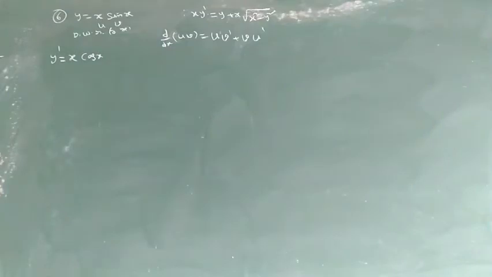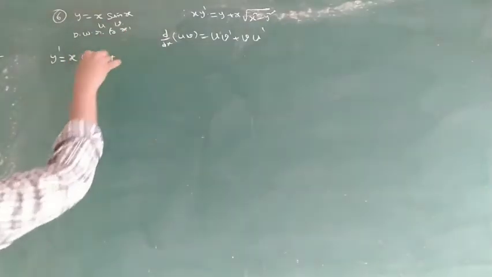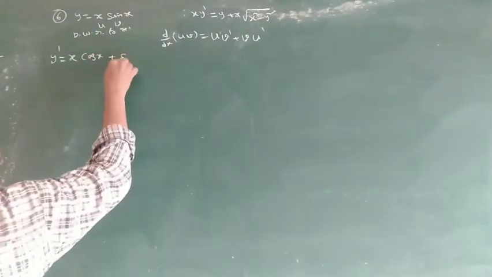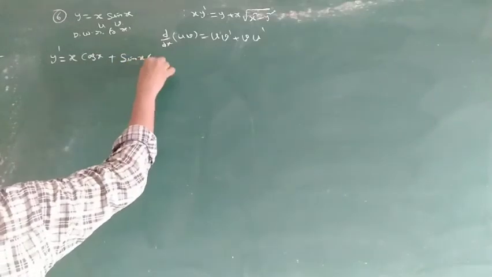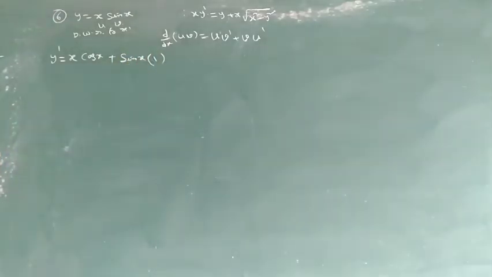So u into derivative of sin x, which is cos x, plus v, which is sin x, into derivative of x, which is 1.